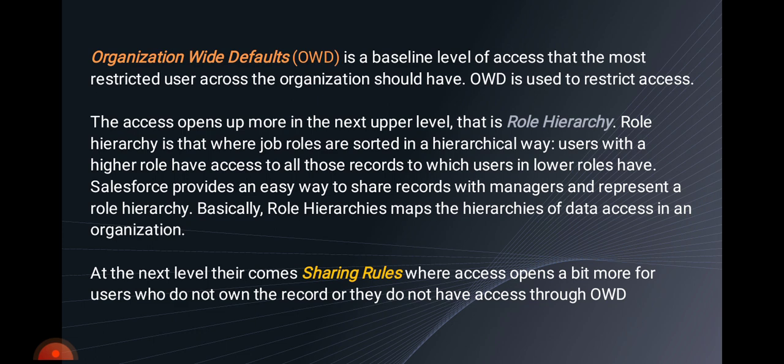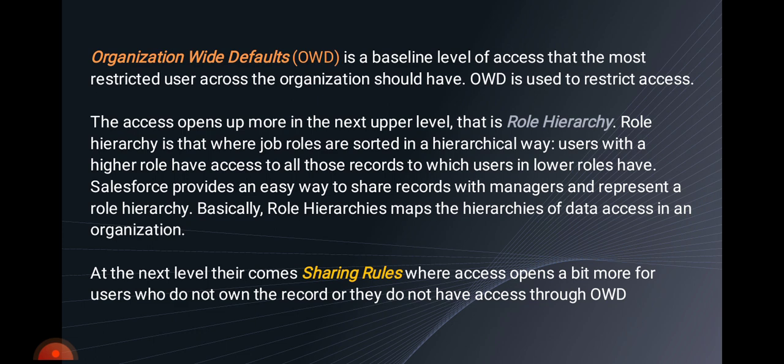Users with a higher role have access to all those records to which users in lower roles have. Salesforce provides an easy way to share records with managers and represent a role hierarchy. Basically, role hierarchies map the hierarchies of data access in an organization.